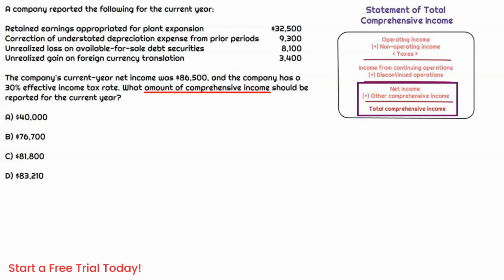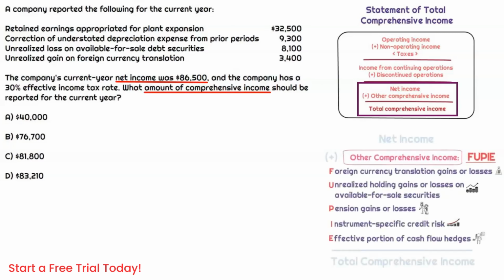Now our starting point is going to be the company's current year net income of $86,500. We'll have to determine what to do with each of the four items listed in the question. Now remember, for other comprehensive income, we have our FUPI mnemonic, and that will help us remember the items that ultimately impact other comprehensive income. So let's go through each item.